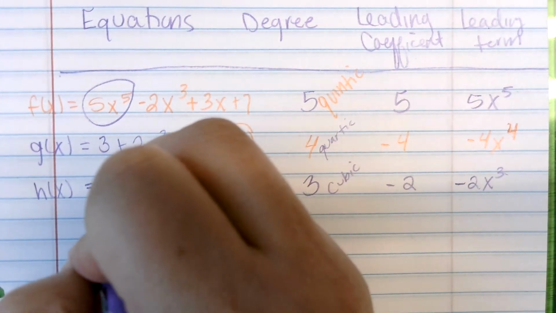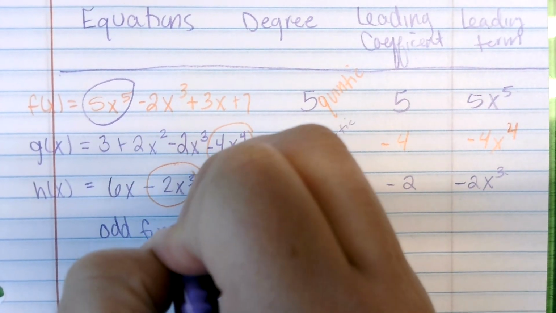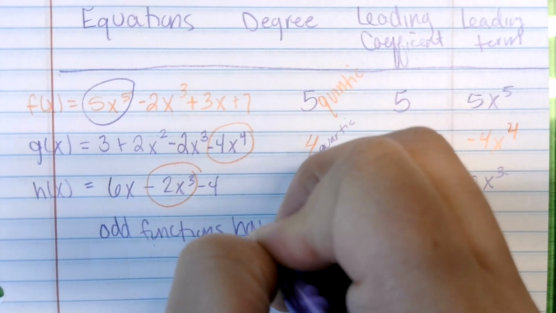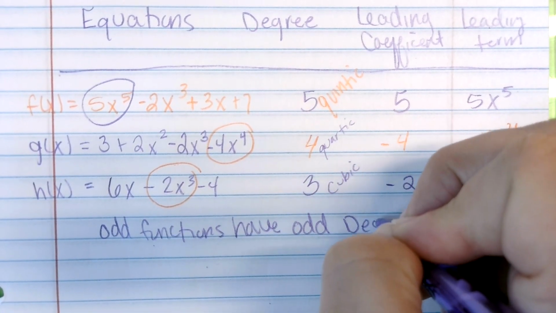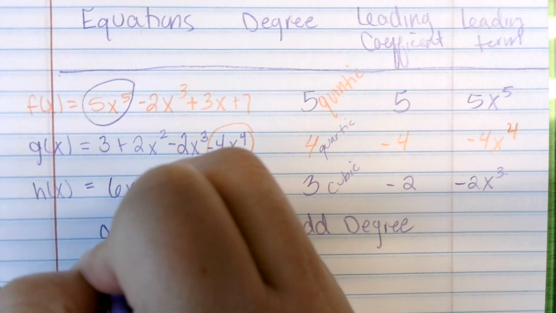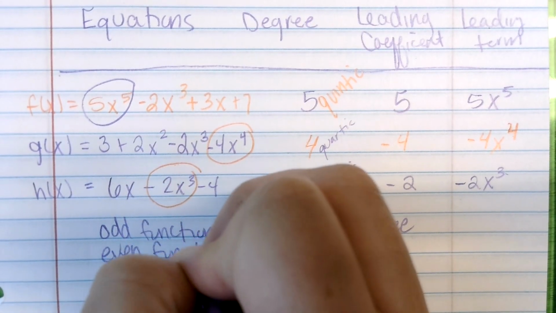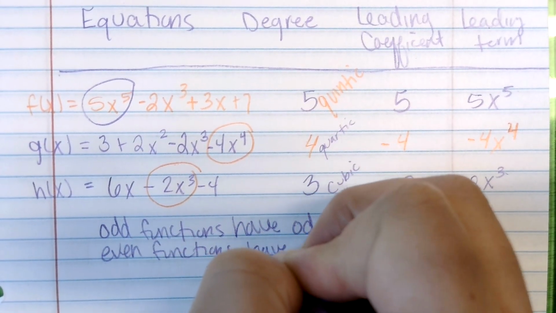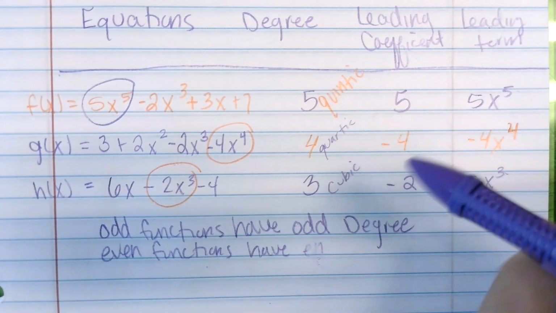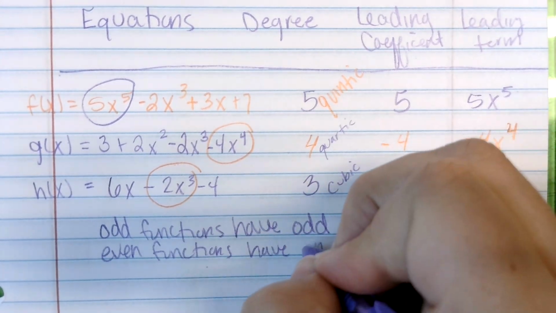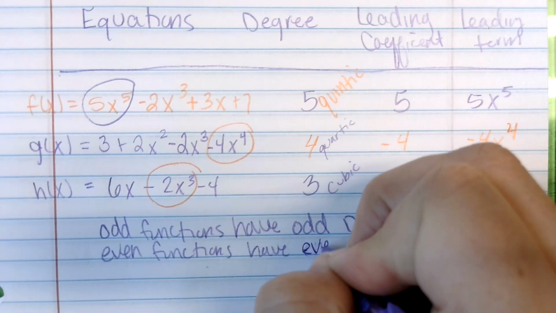So odd functions have odd powers, or odd degree. Even functions have an even degree. So in our example, this quartic function is an even function.